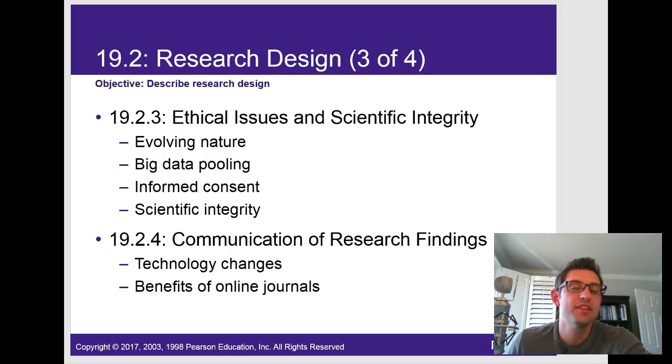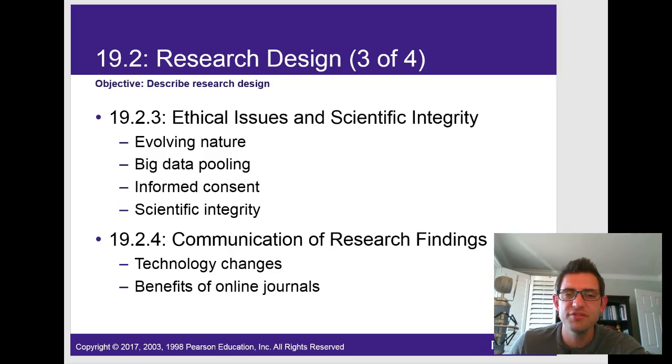So as research methodologies evolve, so do the ethics. So it's not necessarily that the principle changes, but our application of the principle can change. So we have to be careful with people's data, and with that comes integrity, right? So am I handling people's data honestly, and am I keeping it private?